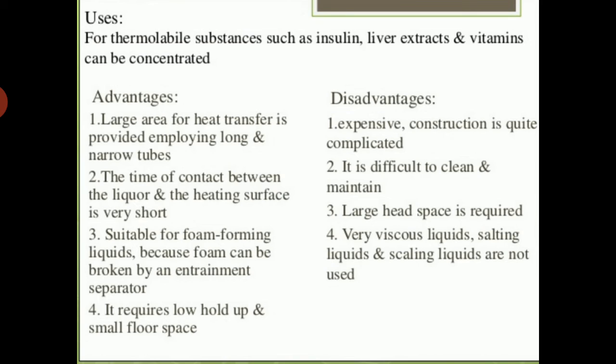Next one is the climbing film evaporator. In the climbing film evaporator, the tubes are heated externally by steam, and preheated feed enters from the bottom and flows up through the heated tubes.